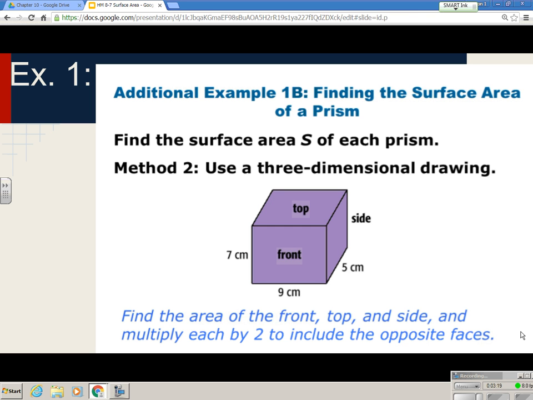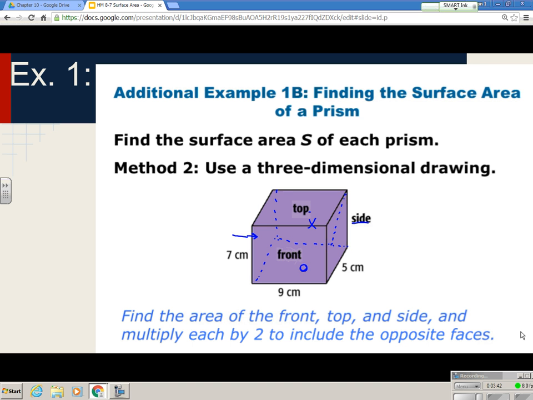Well, think of the opposites. The opposite of the top is the bottom. So if I drew an imaginary line back here, so we can kind of see the back side of our shape, the top's here, the bottom would be somewhere here. You'd find this side over here too. And if you find the front, the back is back here.